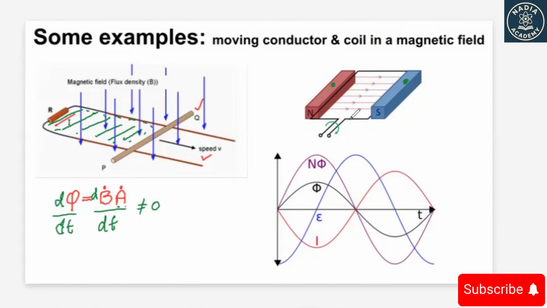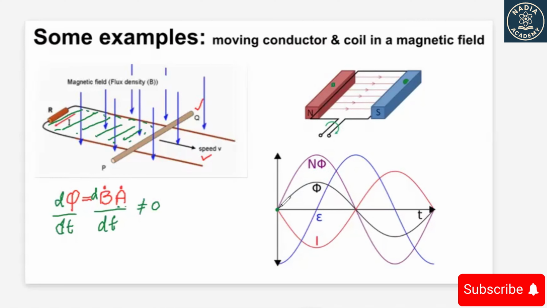So in this configuration, our time is 0. At time 0, our flux linkage is 0. I will explain this in a second.